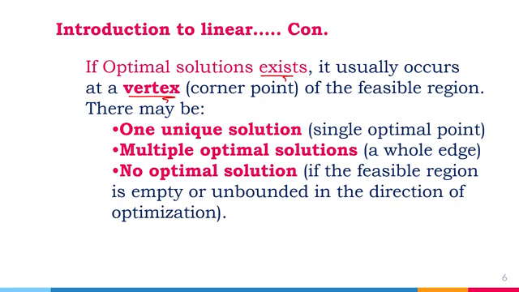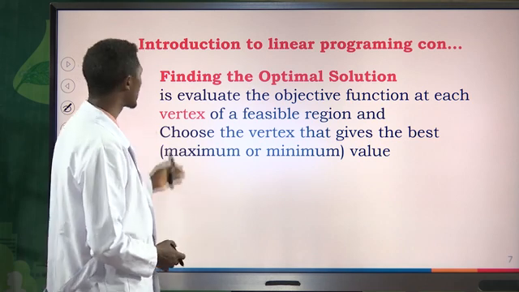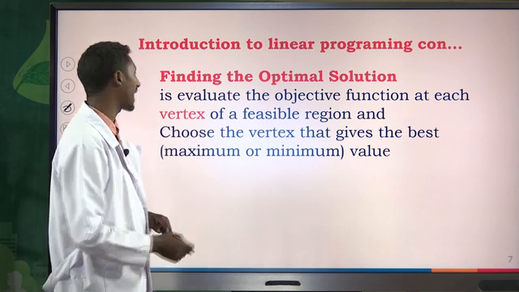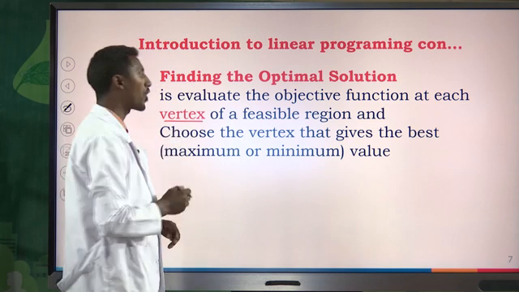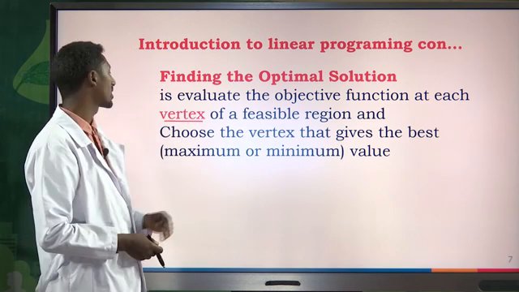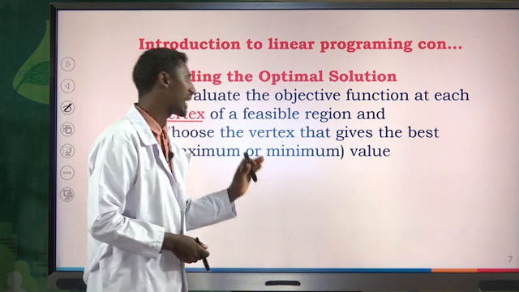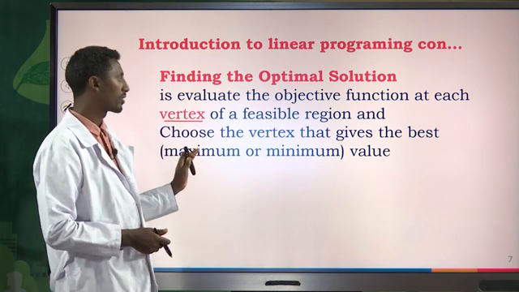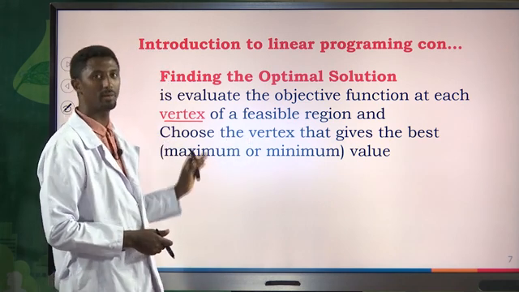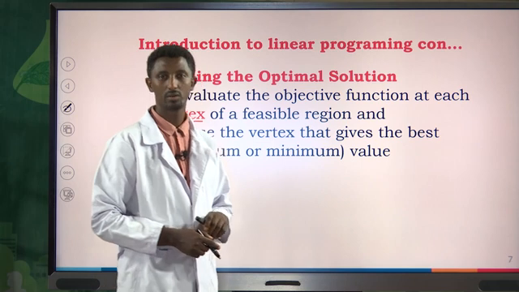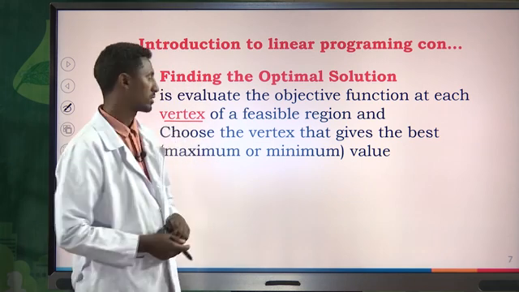So how can we find the optimal solution of a linear programming problem? Finding the optimal solution means evaluating the objective function at each vertex of the feasible region and choosing the vertex that gives the best value, that is either a maximum or a minimum value depending on the given function.